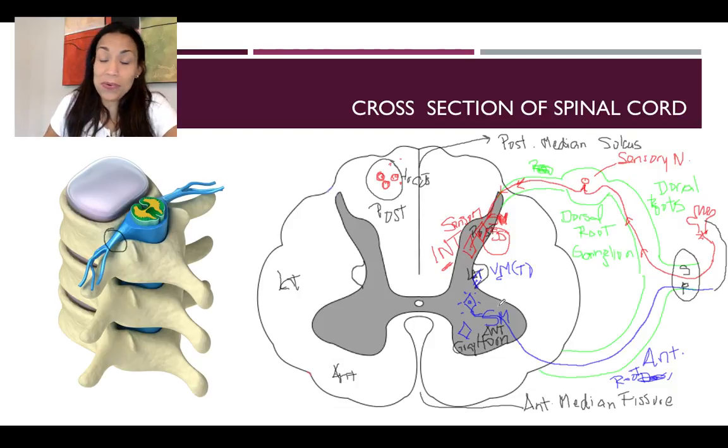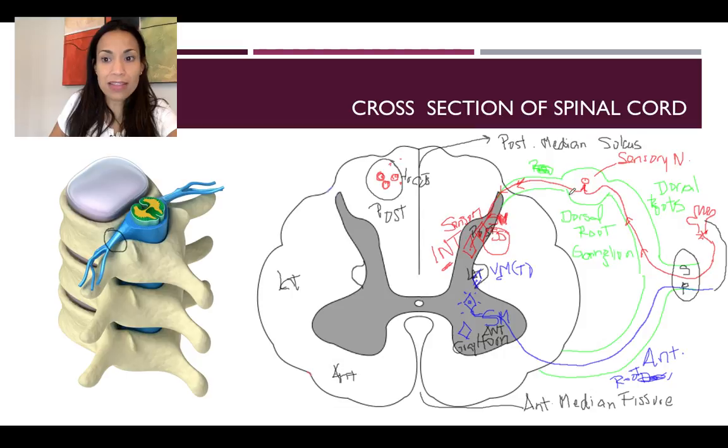I think that's it. This is all I wanted to explain to you. It went faster than I thought it would, but that's what it is. So your sensory neurons are located in the dorsal root ganglion. Remember, a ganglion is a group of neuronal cell bodies in the peripheral nervous system.